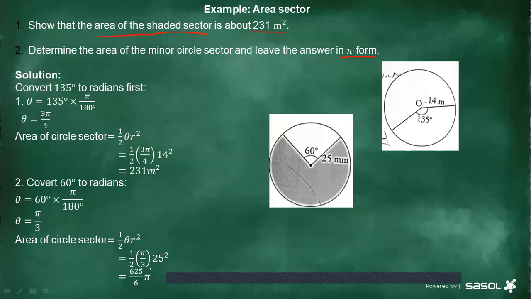So the best way to do this is to take this pi and put it aside, and you just press your calculator and say 1 over 2 multiplied by 1 over 3 multiplied by 25 all squared. Then it's going to give us 625 over 6. Then you just put pi there. Then your answer is in terms of what? In terms of pi. All right.